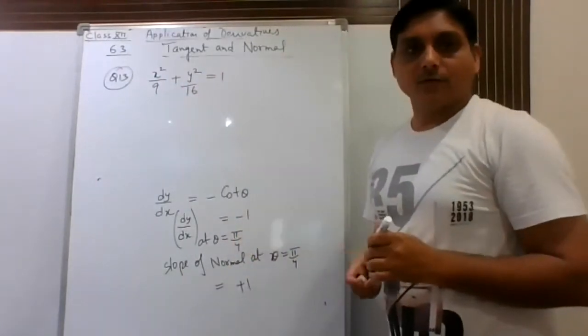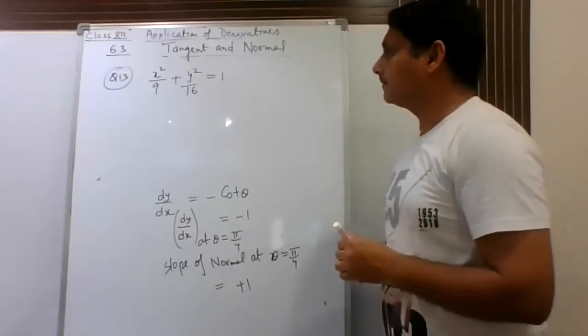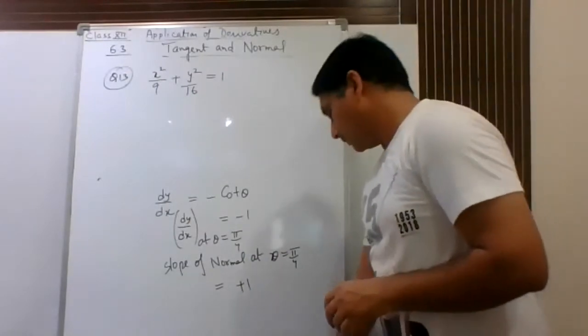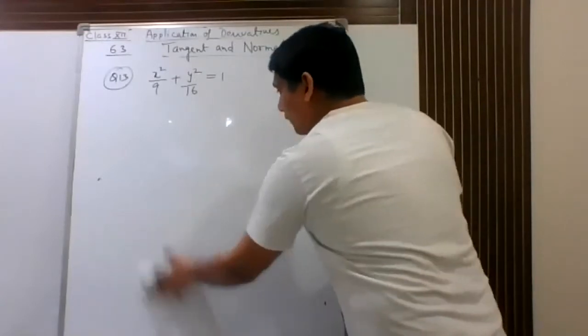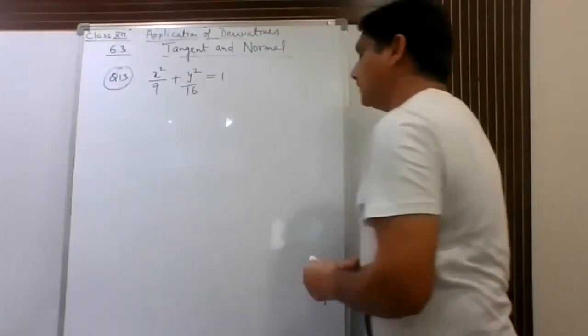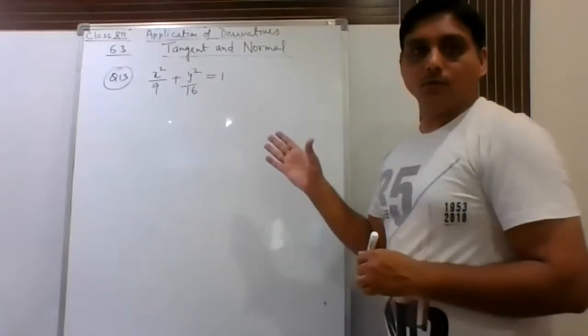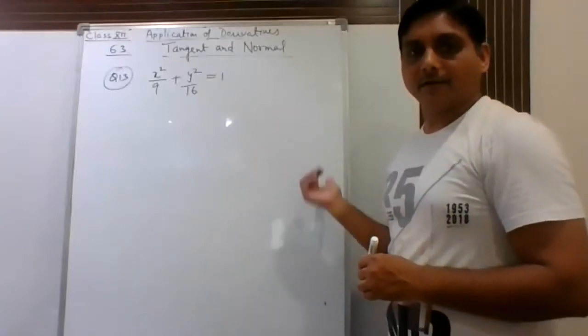This is the equation of the ellipse. In question number 13, the equation of the ellipse is given. Now we want to find the points on this ellipse where the tangents are parallel to the x-axis and y-axis.